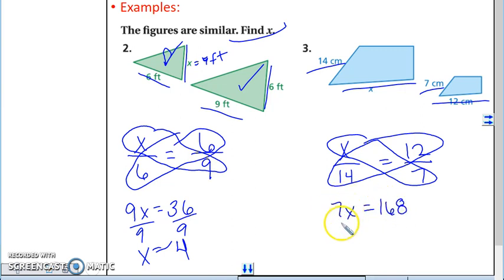Get x by itself, divide by 7, and x equals 24. So this side right here is 24 centimeters. Alright, let's go ahead and go into example 4.